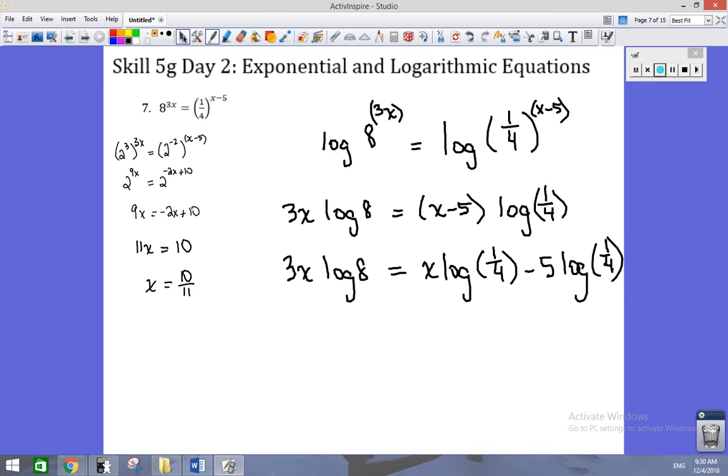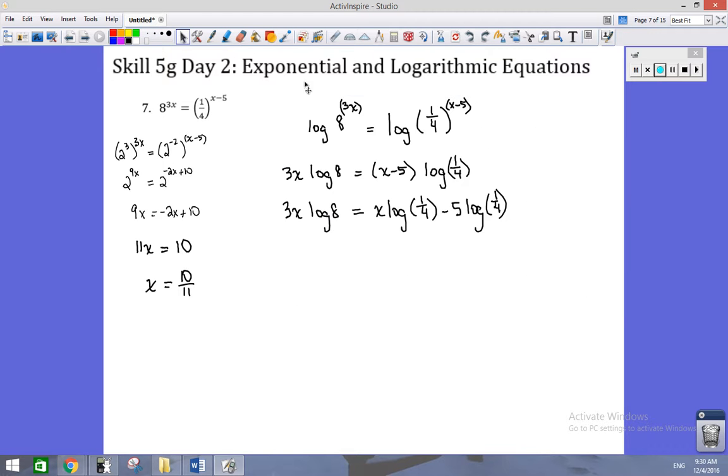And so now I've got it written in terms, and I need to get the terms that have the x on the same side of the equation, and the term that doesn't have an x on the other. I'm going to leave this 3x log 8 alone.